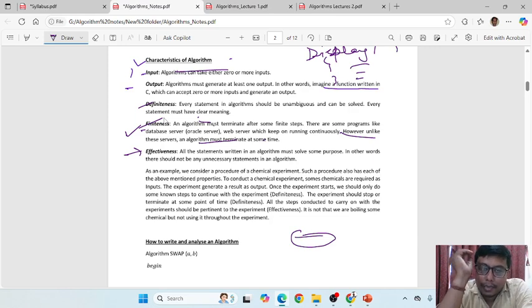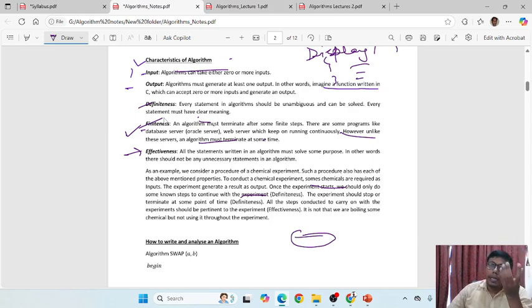Now you see, once your experiment starts, we should only do some known steps to continue with our experiment. We should follow certain predefined steps or known steps. We should have prior knowledge of how to perform that experiment.